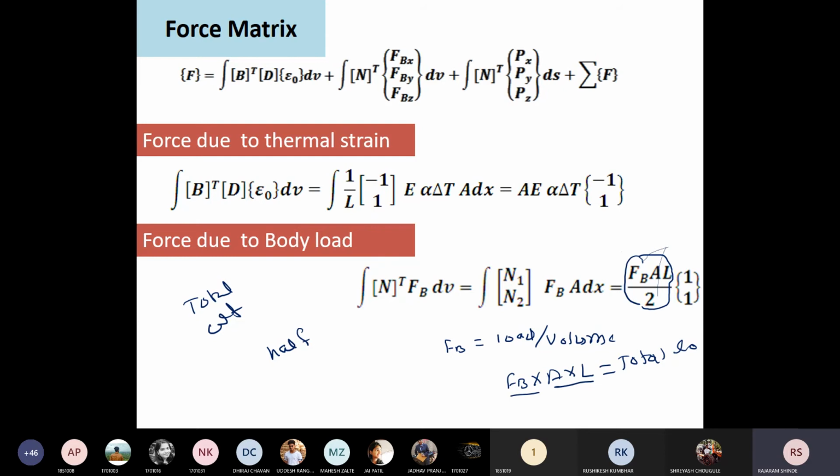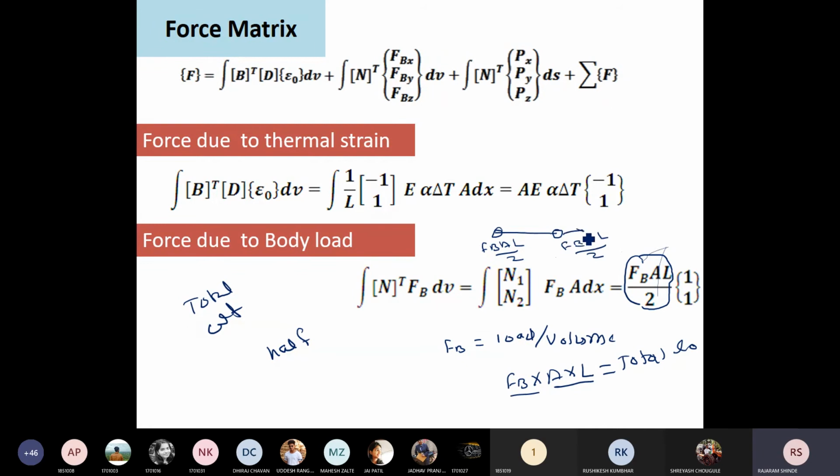Now see here, and into 1 1. This 1 corresponds to node number 1. If you have two nodes, this FB A L by 2 into 1 corresponds to node number 1, and the second FB A L by 2 corresponds to node number 2.